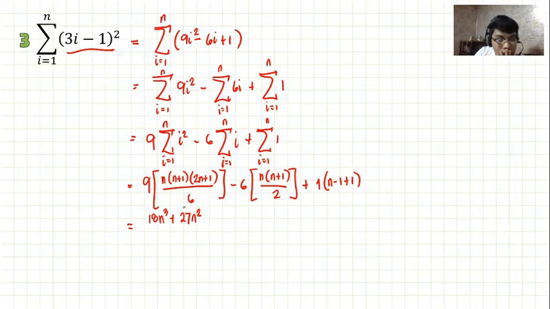Then we have 1 times n times 9, that will be plus 9n. Okay? All over 6, right?